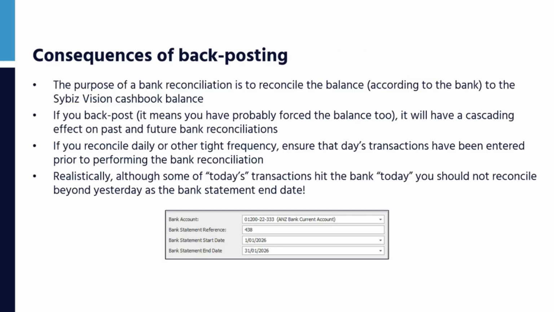And backposting is another one. This is a little bit of a head scratcher, because often it has the effect that if you regenerate the transaction document for a previous bank reconciliation, that when you processed that bank rec it was all in balance, that will now be out of balance by virtue of the fact that you've backposted.